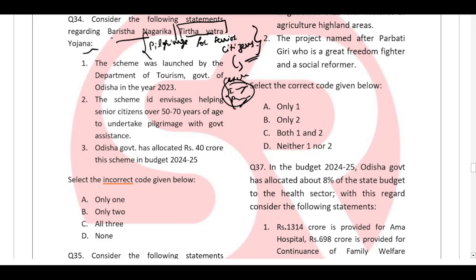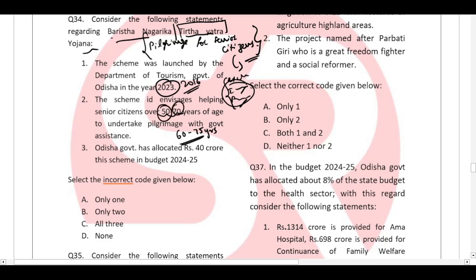Again, this question is playing with facts. The scheme was not launched in 2023. It was launched in 2016 by the Naveen Patnaik government. And option 2 says that it covers senior citizens of 50 to 70 years. This is also wrong. Here the coverage age is senior citizens of 60 to 75 years and not 50 to 70 years.